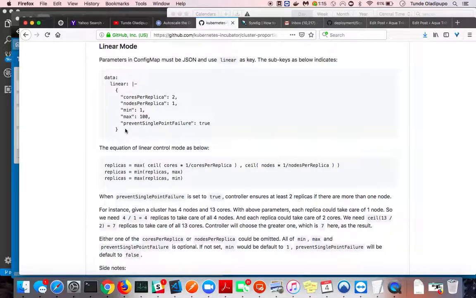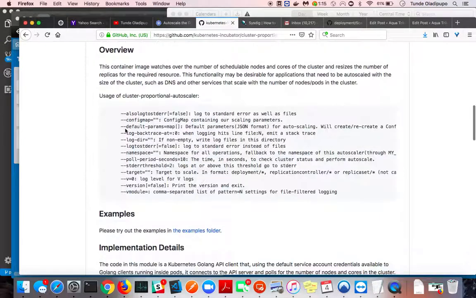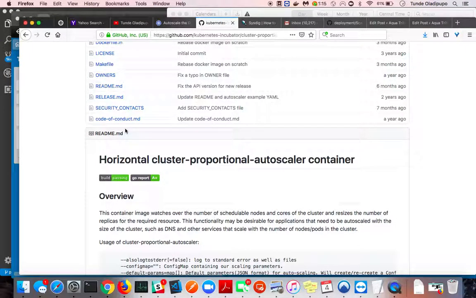You can read about the config, how to set the maximum number of pods, the minimum number of pods, and how to prevent a single point of failure. That means you want to make sure the deployment doesn't scale down to something below 2. Those are some of the features of this particular project, and it's something you should definitely look into.